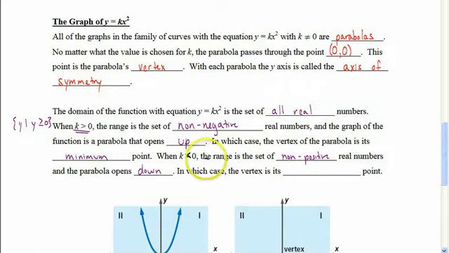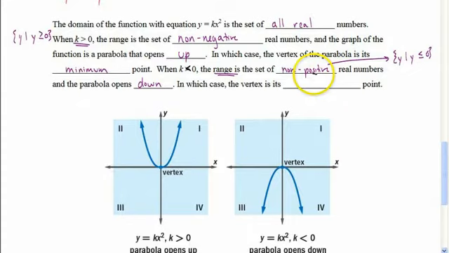Or another way that we could write the range here is the set of y's where y is less than or equal to 0. But in this case, the vertex is going to be what we call the maximum point.